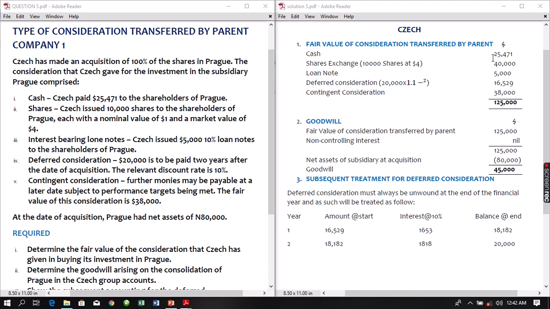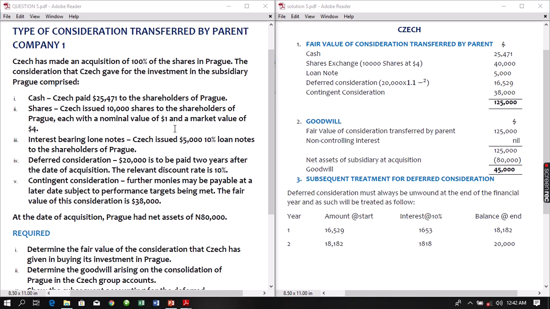Now coming to the second one, the question says we issued 10,000 shares to the owner of the subsidiary, and whenever there is share exchange, if you check here, we are given the nominal value of the shares to be $1 and we are given the market value to be $4. Now what we use to value shares is the market value of the parent shares. So in this place, the market value of the parent company shares is $4. Multiply by 10,000, which gives us $40,000.